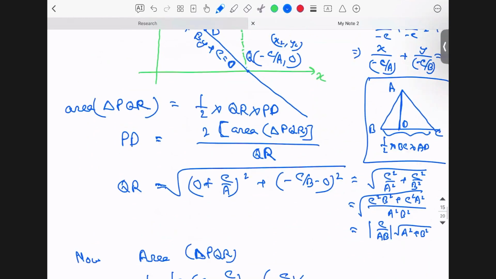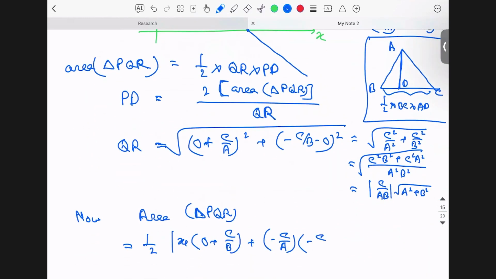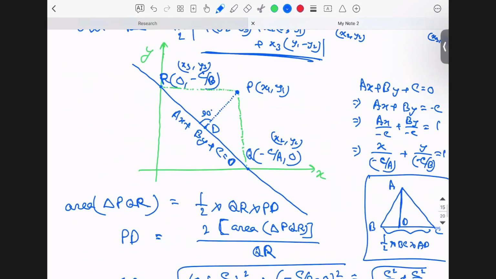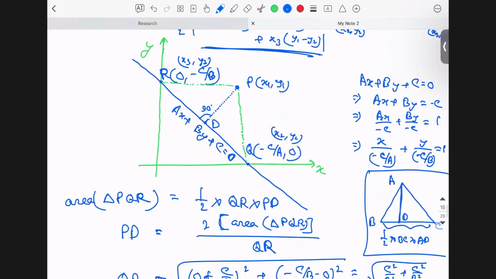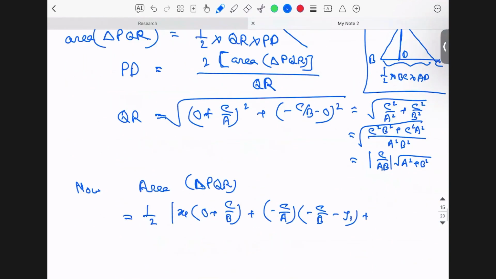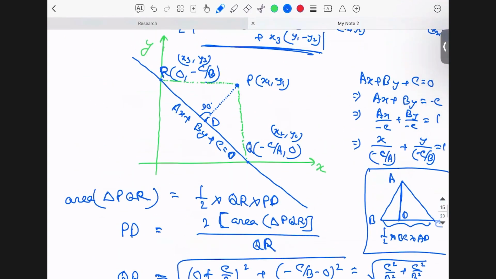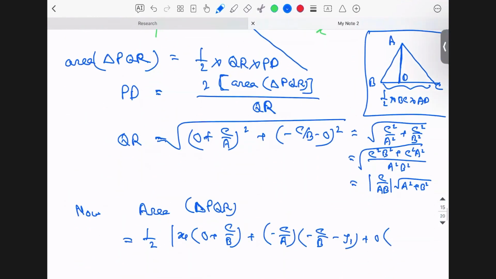And this will give us minus C by B minus y1, plus x3, which is 0, multiplied with something like (y1 minus y2), that is y1 minus 0.